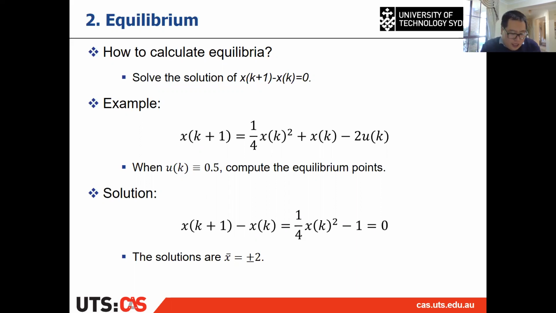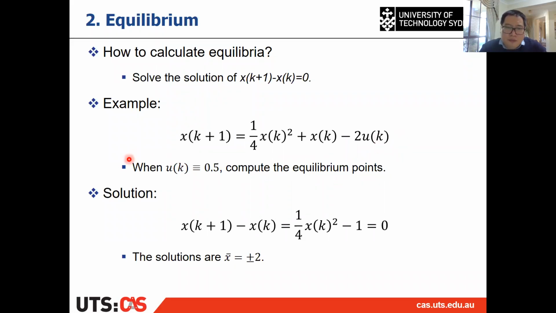Let's look at this example together. Suppose we have a nonlinear discrete time system: x_{k+1} is equal to a quarter of x_k squared plus x_k minus 2 times u_k.